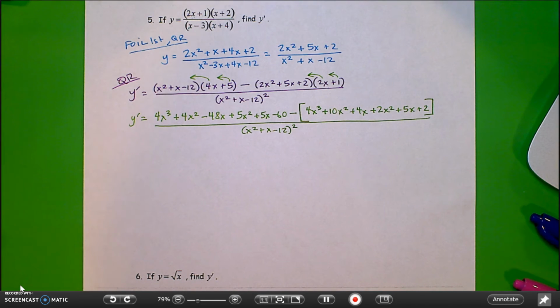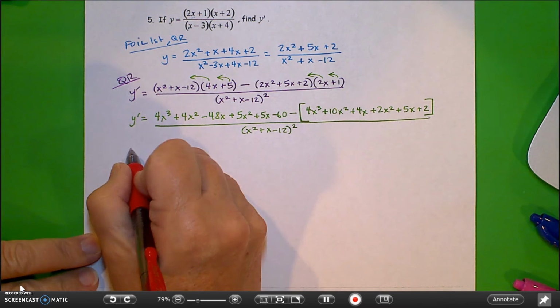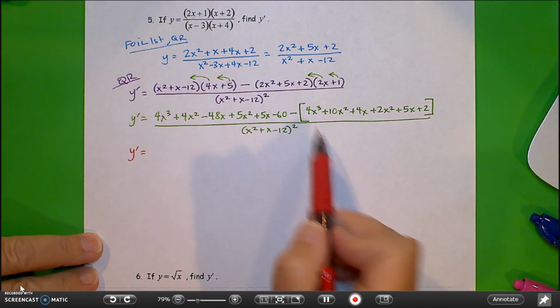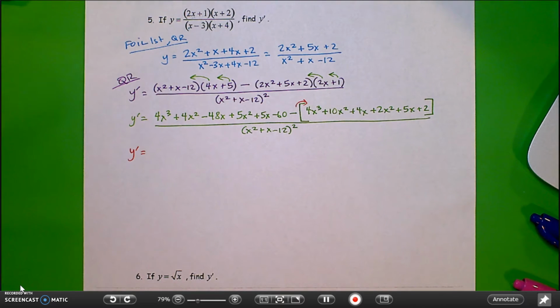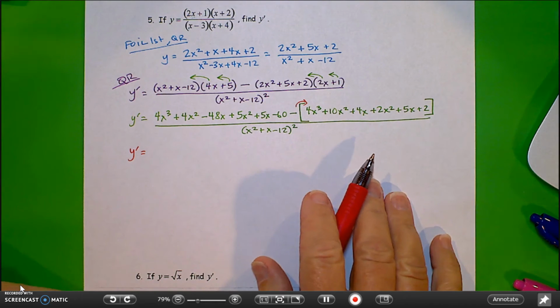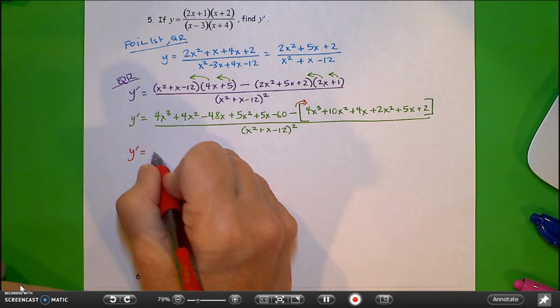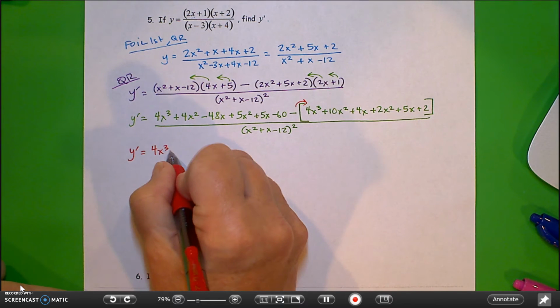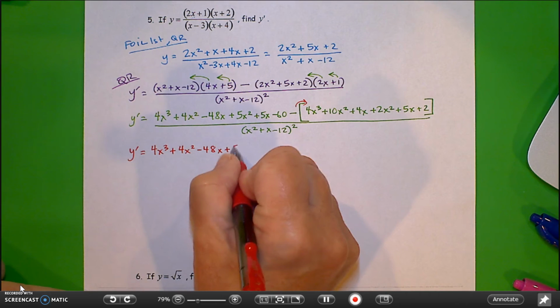Okay, next step. I need to clean up the numerator. So I can rewrite all this, and I have to distribute this negative sign. I'm actually going to take the time to write out that whole next row with all these negative signs. You could squeeze them in here if you want. I'm trying to be careful and not make a mistake. So this first part, I'm just going to copy as is.